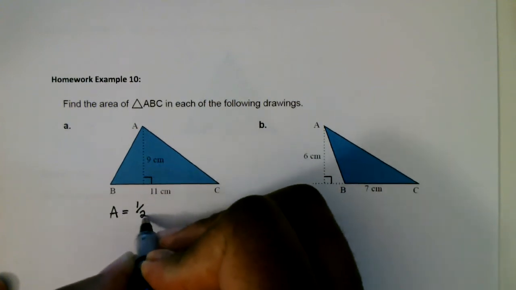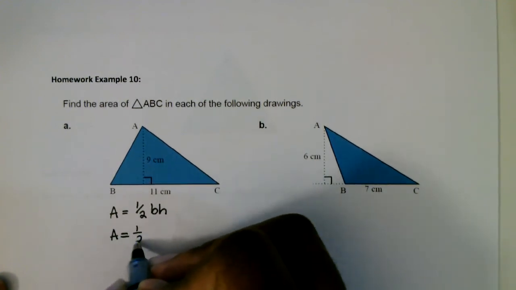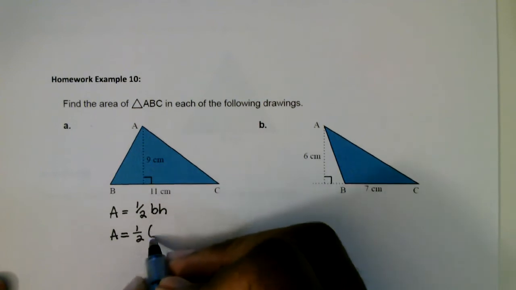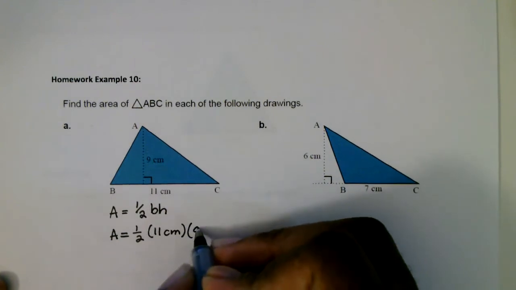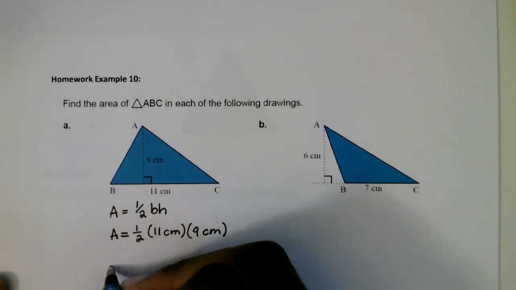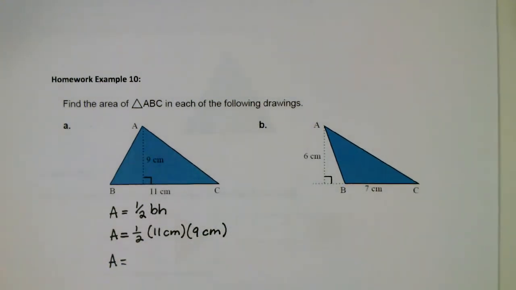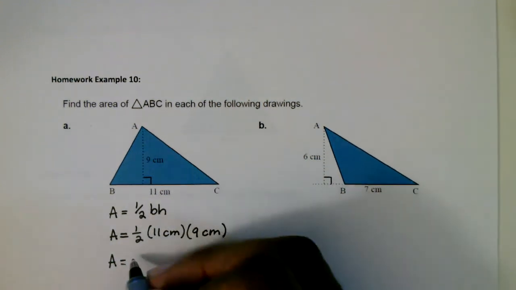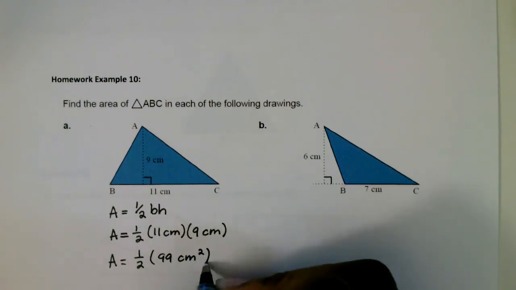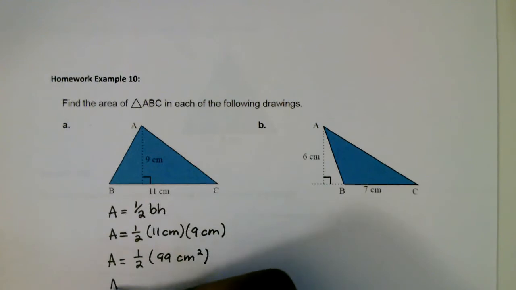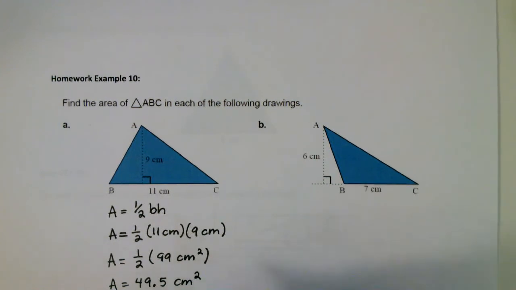So the area is going to be 1/2 times the base, 11 centimeters, times the height, 9 centimeters. If I take half of 99 square centimeters, that's from 11 times 9, this will end up being 49.5 square centimeters.